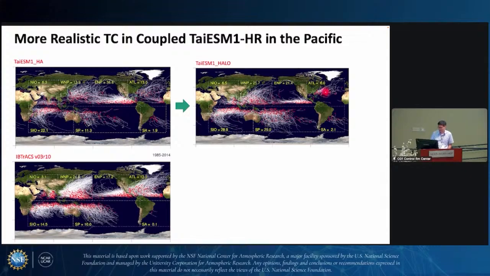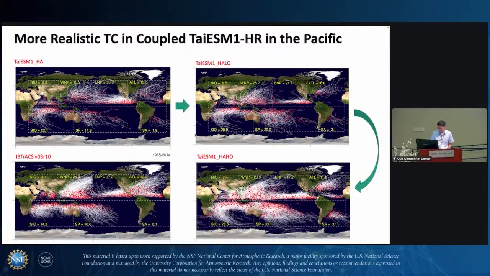Most TCs only appear in the North Atlantic. And yeah, for the high resolution atmosphere and high resolution ocean, we see that it's booming: in almost everywhere, all the ocean basins, the TC number increased a lot.